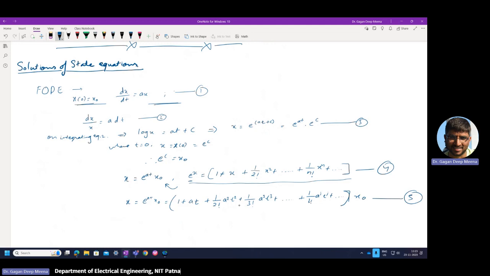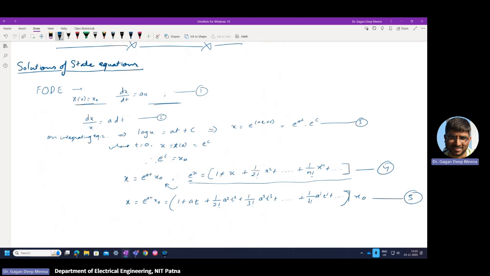But if we have an input vector, we consider a state equation with input with the state vector. This was a scalar state, only x was there. But if we have a column of states, for example x1, x2, x3, x4, then what will happen?